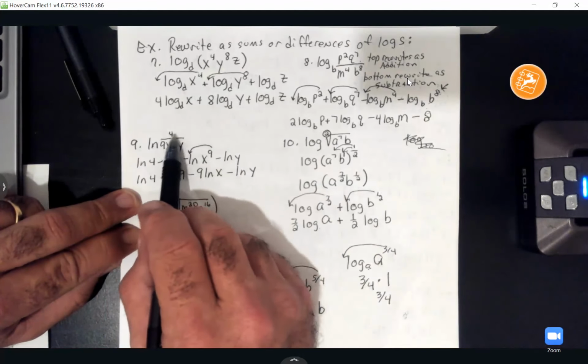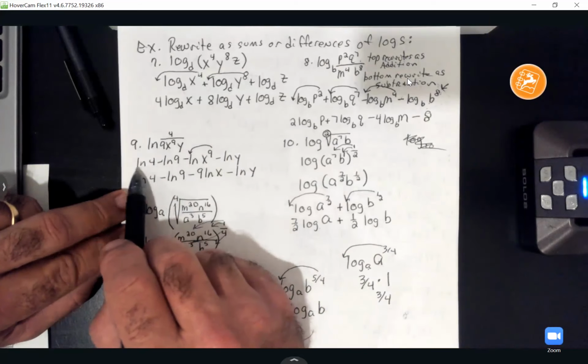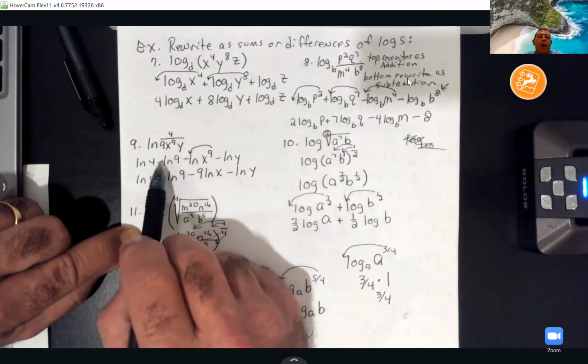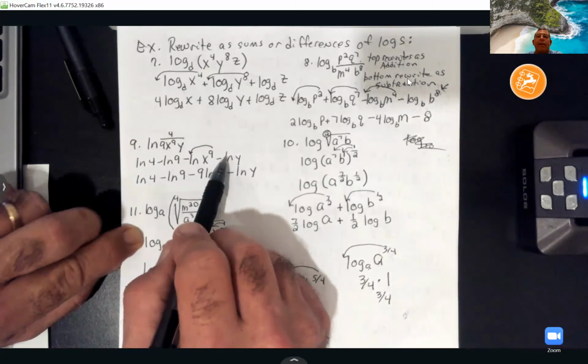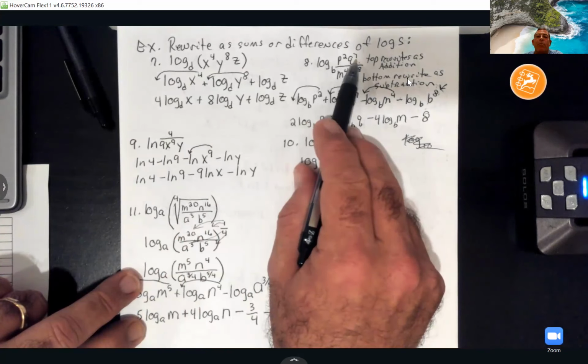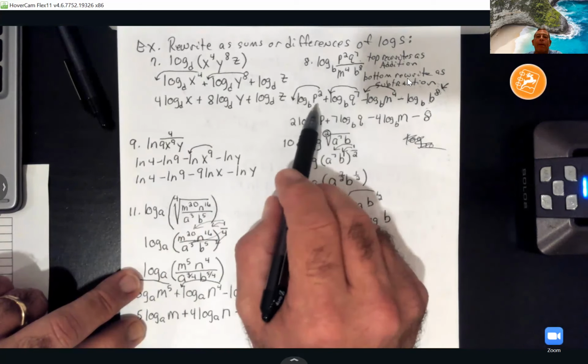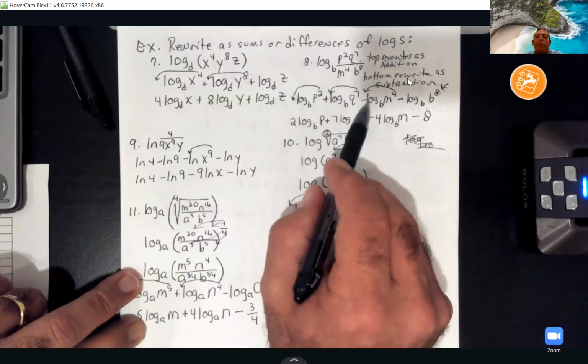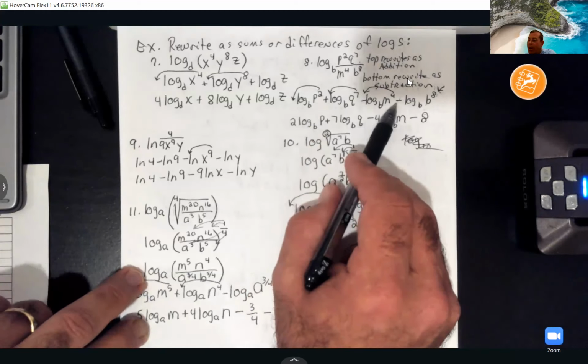The factors that were on top were all positive. Any factors from the bottom were being subtracted. Just like right here, the p squared and the q7 were positive because they were on top. The m and the b were negative because they were on the bottom.